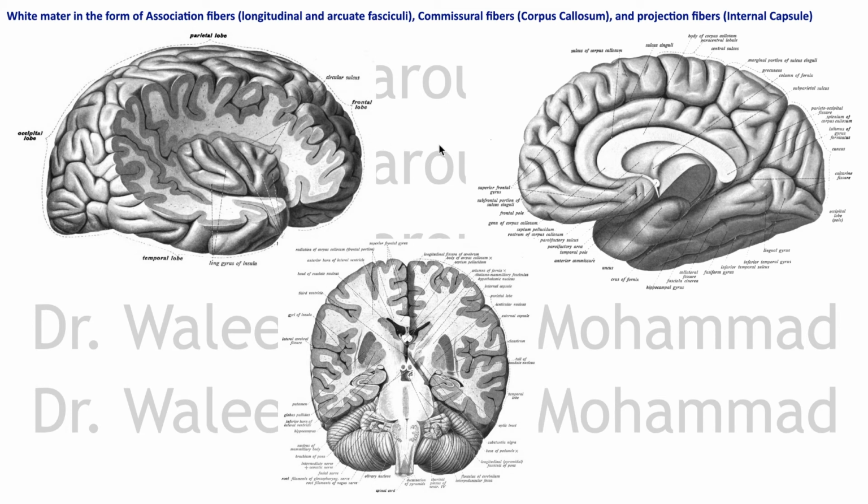Those that connect adjacent parts in both hemispheres, meaning they cross the midline, are called the commissural fibers. And of course, the most apparent example of all is the corpus callosum.